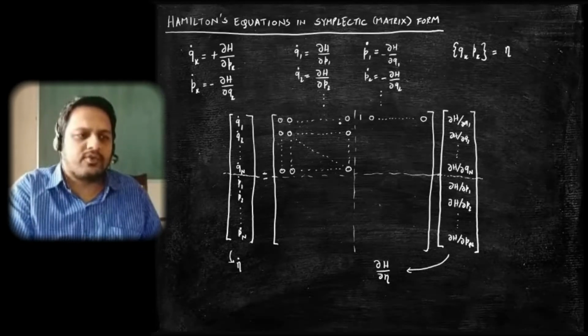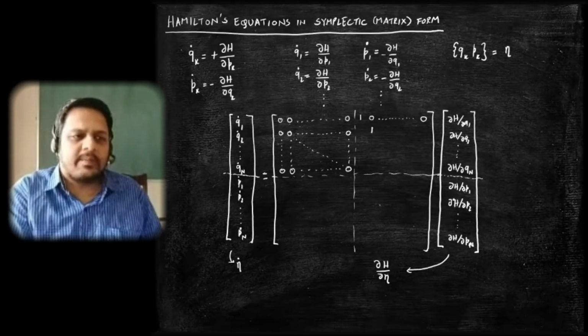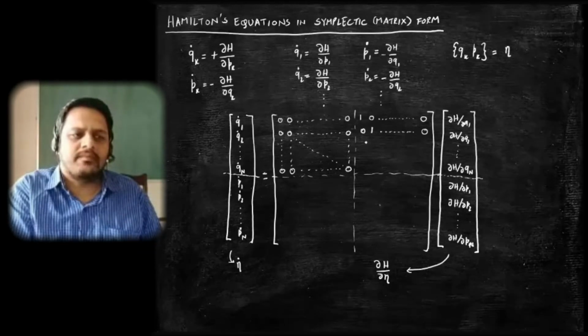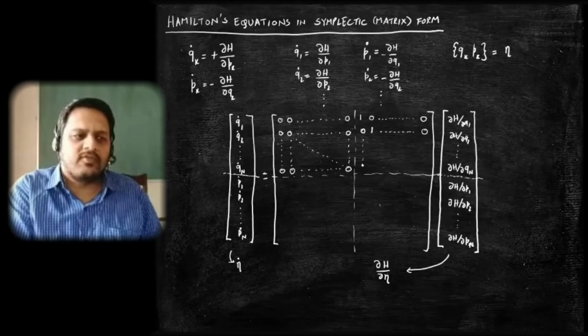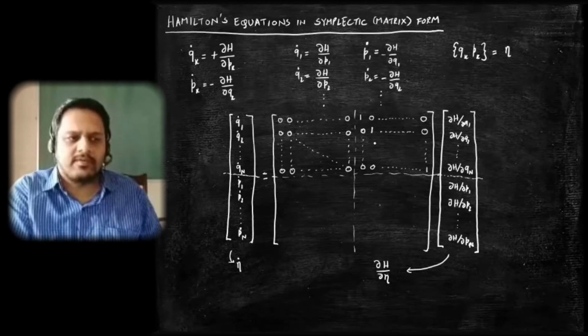Similarly, if you look at q2 dot, only the entry corresponding to ∂H/∂p2 is equal to 1. Everywhere else it is 0. Similarly, if you go to the very last row, qn dot will be linked only with ∂H/∂pn. So it will have 1 only in the final column. Everywhere else it will be 0.